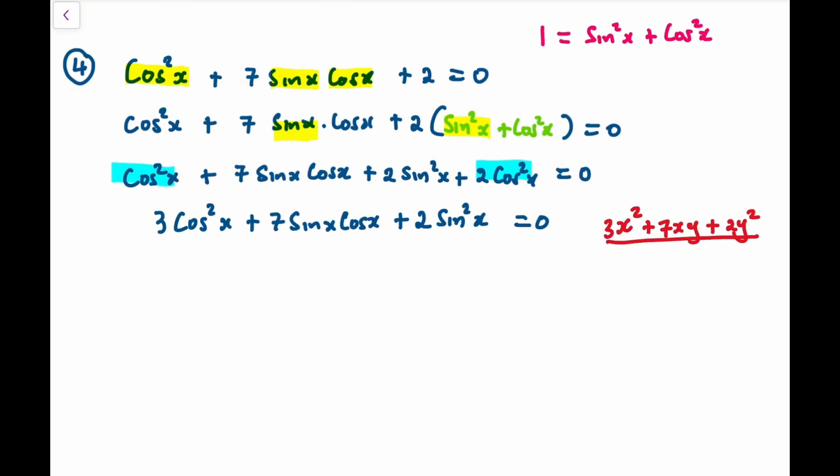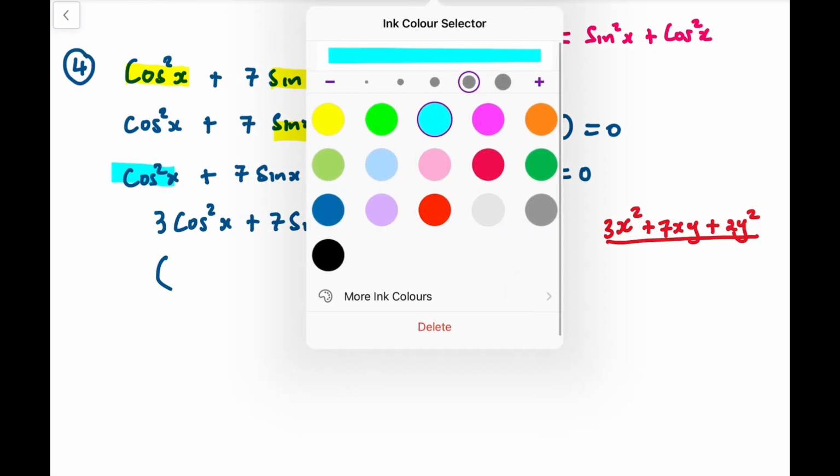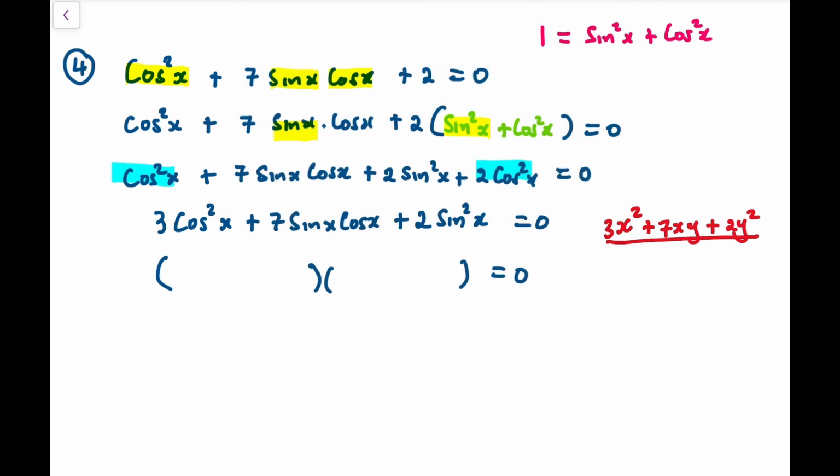So let's factorize this. 2 brackets, and then is equal to 0. So fortunate enough, if you check here, we have prime numbers. So it is very easy to factorize when you have prime numbers. 3 is a prime number. 2 is also a prime number. So the factors of 3, it is only 3 and 1. So we have 3 cos x, and then 1 cos x.